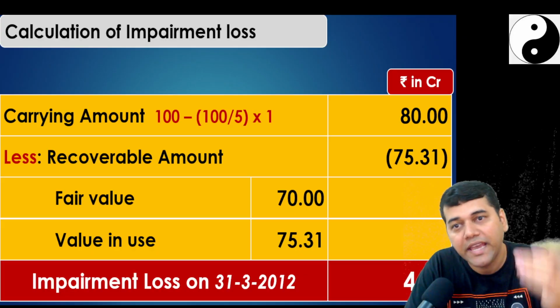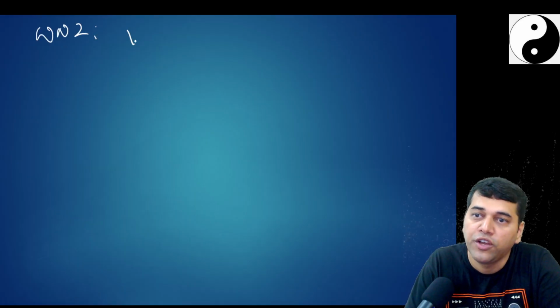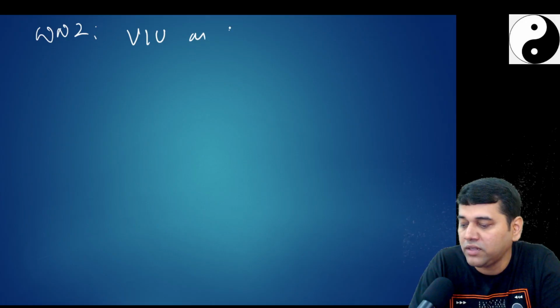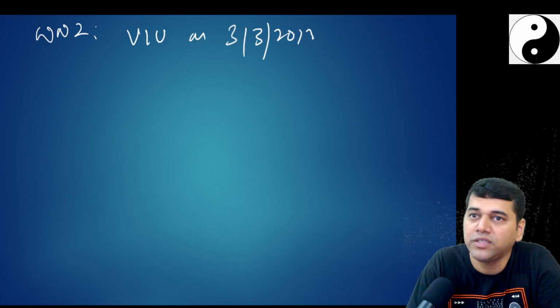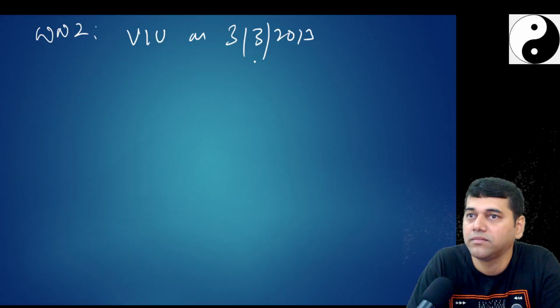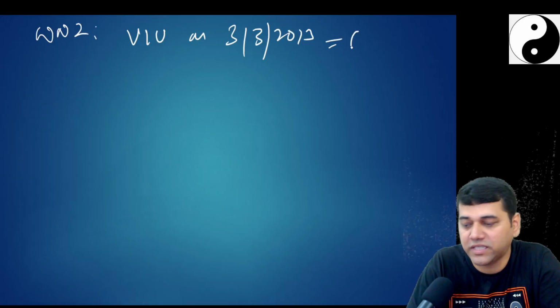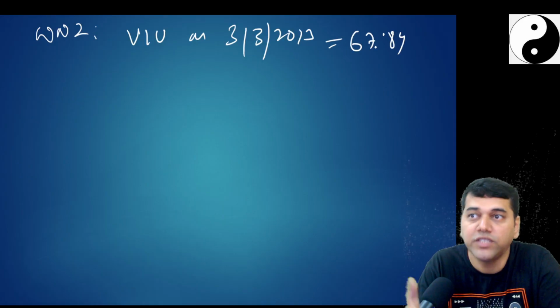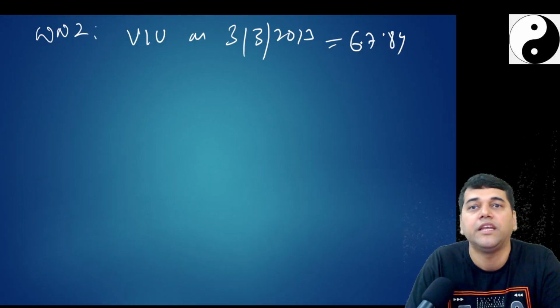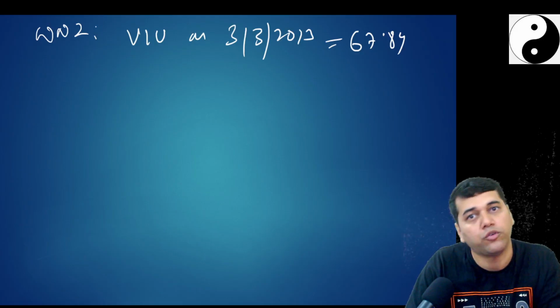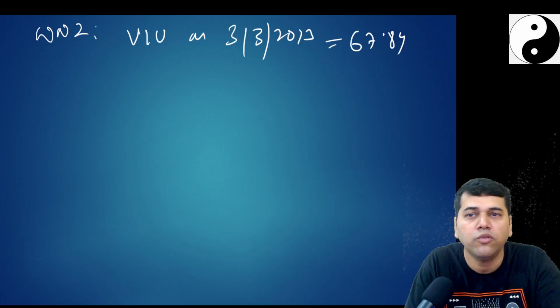So again, you may have to do one more working note in the exam. Working note 2, value in use as on 31st March 2013, which comes to 67.84, which they gave you in the question. If at all they don't give you, you may have to work it out. Okay, so now I don't need this.